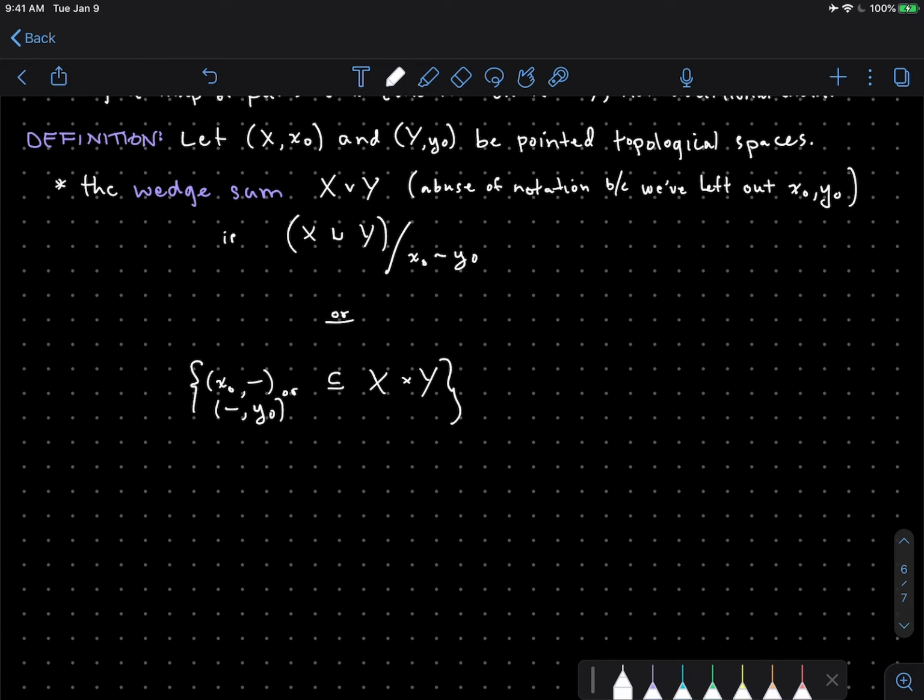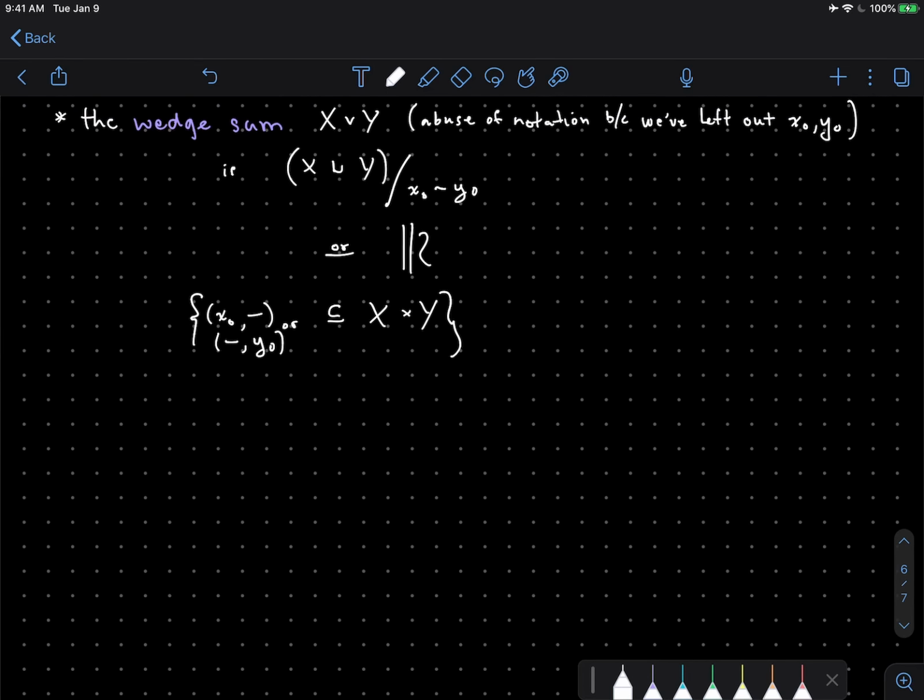Or both. It's not an exclusive or. So, these are clearly equivalent characterizations.